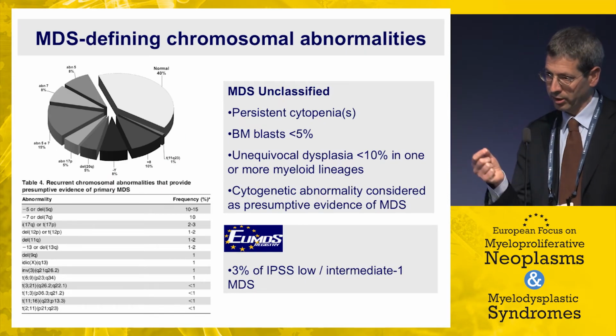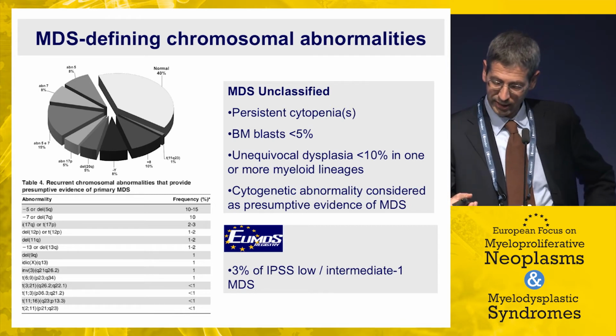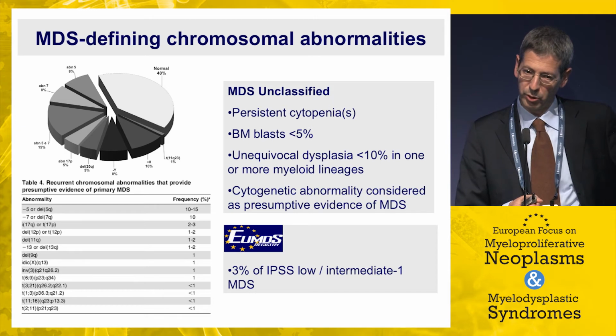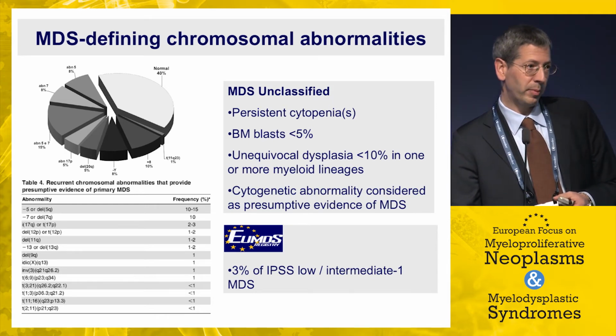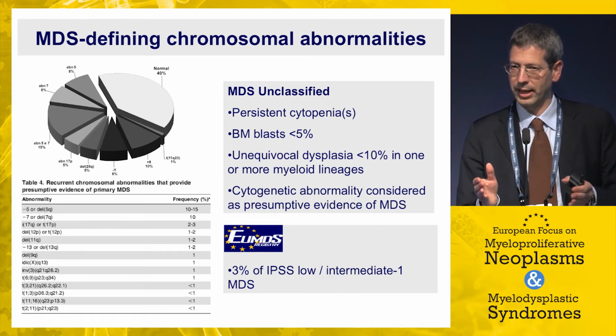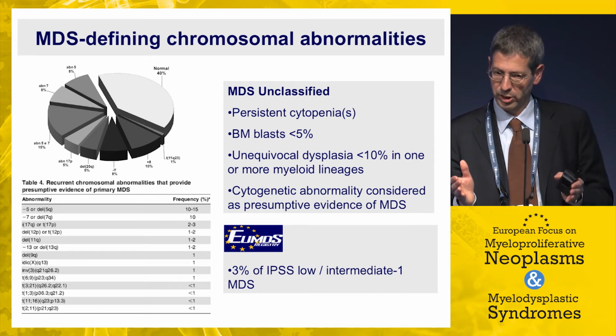And other genetic abnormalities were recognized as MDS-defining. These chromosomal abnormalities were acknowledged by the WHO classification as providing presumptive evidence of MDS, even in the absence of overt bone marrow dysplasia.